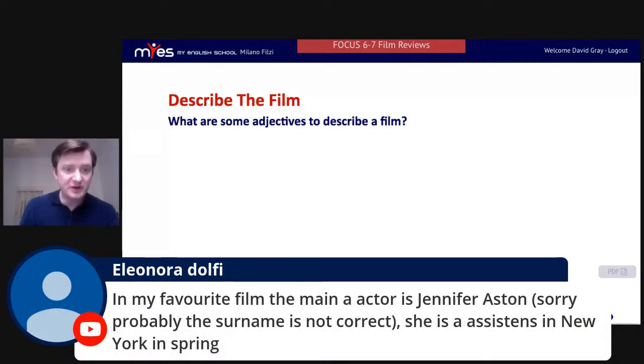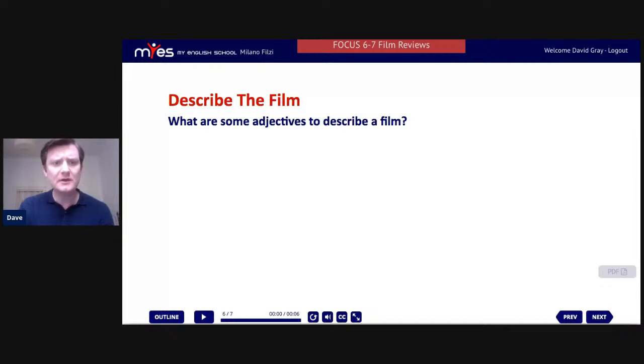In my favorite film, the main actor is Jennifer Aniston. She is an assistant in New York in spring. What's the film, though, Eleanor? Tell me what the film is when you can. Okay, so describing the film then.